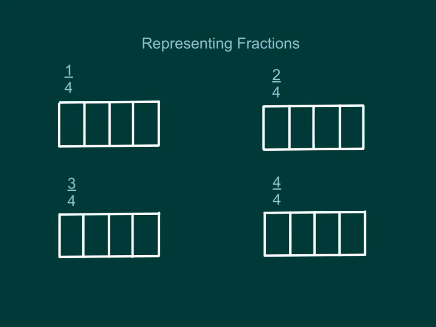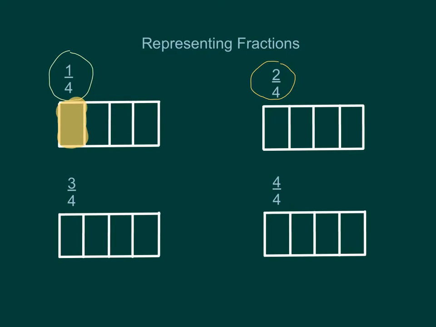Now let's try representing fractions with similar wholes but different parts. So the denominators are going to be the same, but the numerator different. Start with 1 over 4. To represent 1/4, we would shade one of the equal parts.